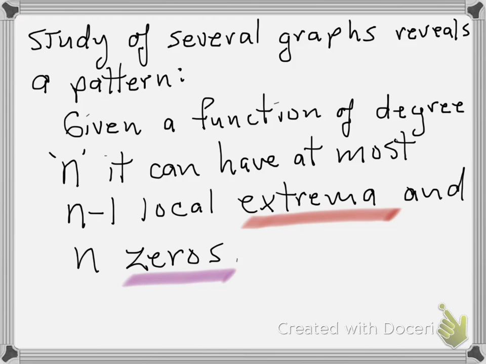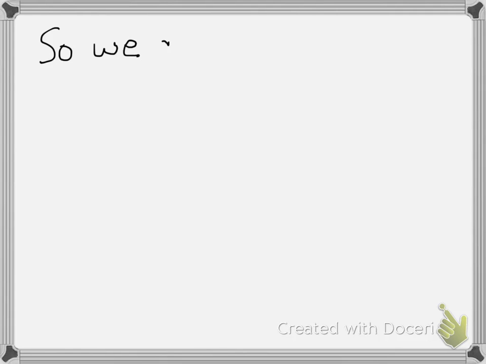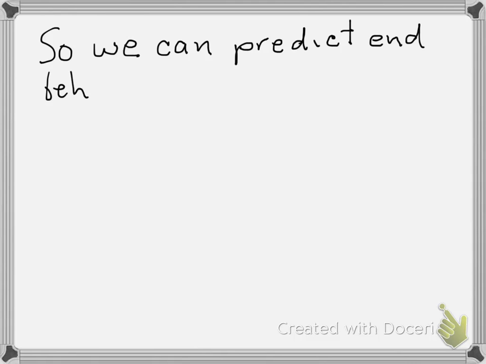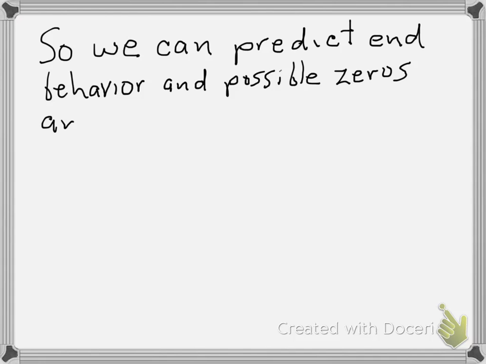What it can't have is 4. So now we can predict the end behavior given any function and possible zeros.